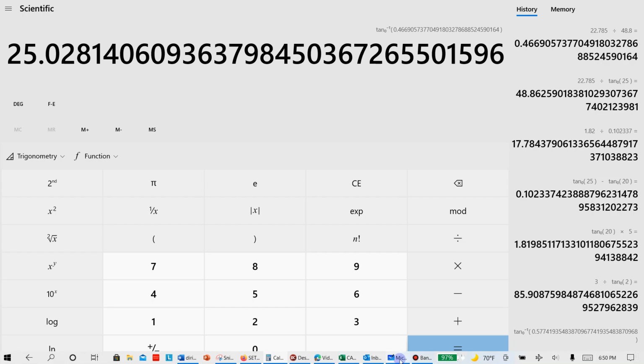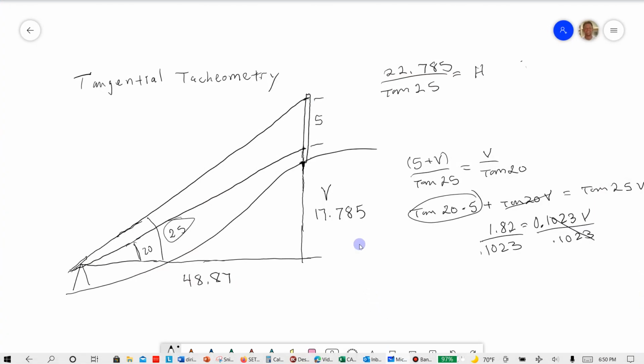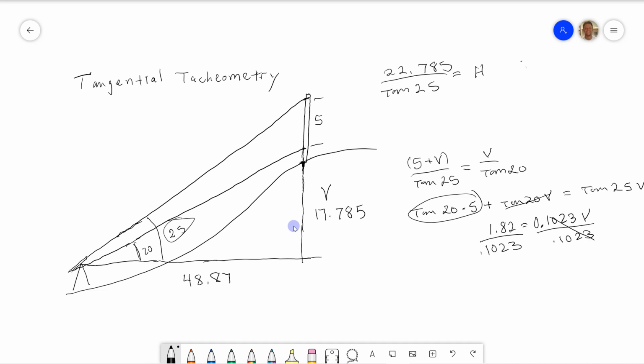If you followed the numbers all the way, it would do it, but it's having a little trouble going back and forth to the calculator. To check it, we did 22.785 over 48.87, and you go to the inverse tangent, and then you'll get equals 25 degrees.